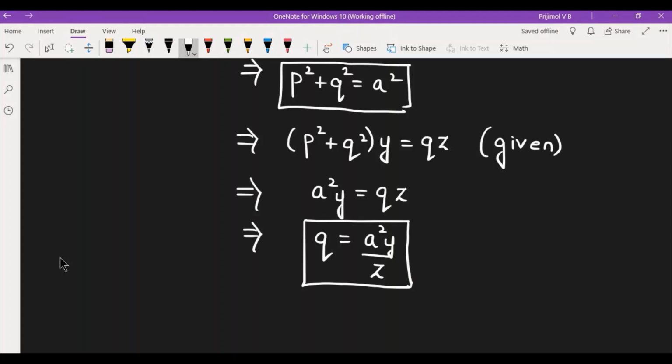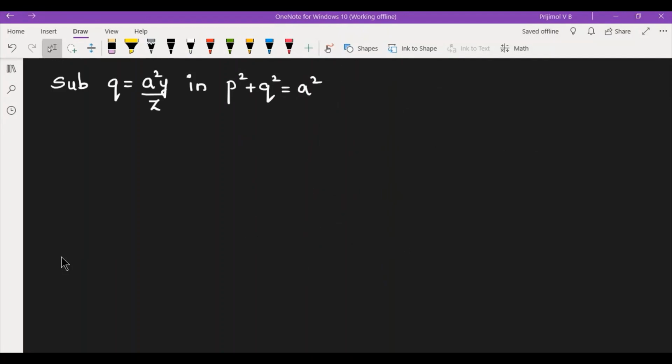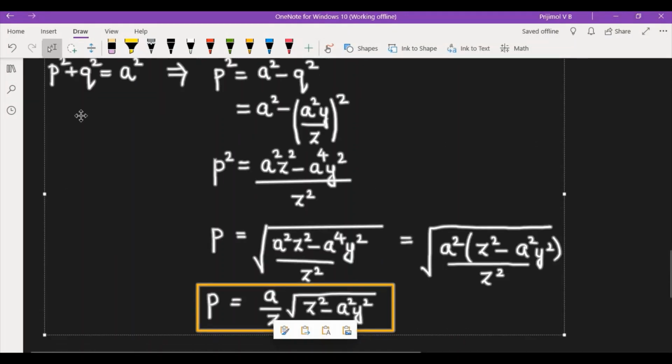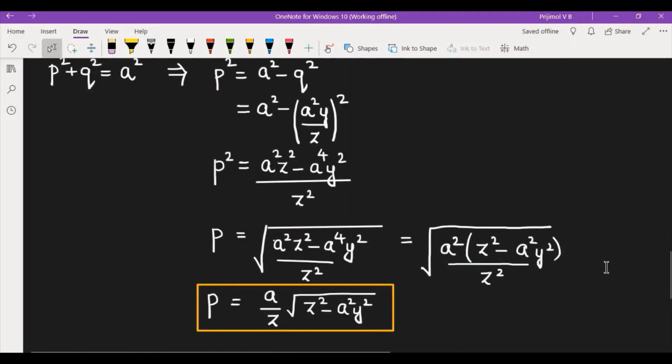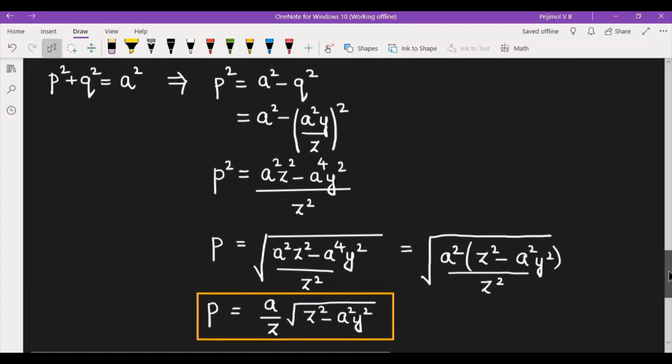Now next we are going to find out p. So you have to substitute this in our equation, p square plus q square equal to a square. Substituting q in this relation, we get p. You can go through the steps taking your own time.